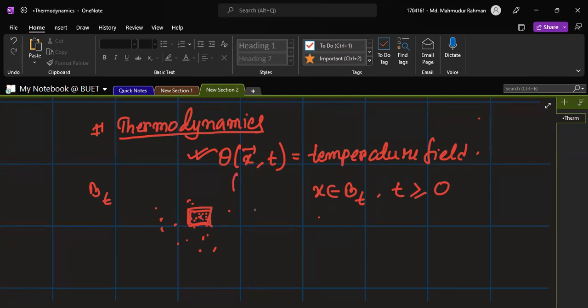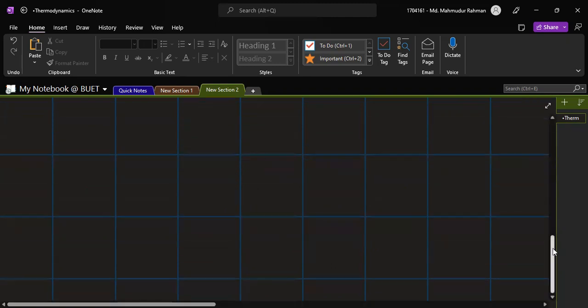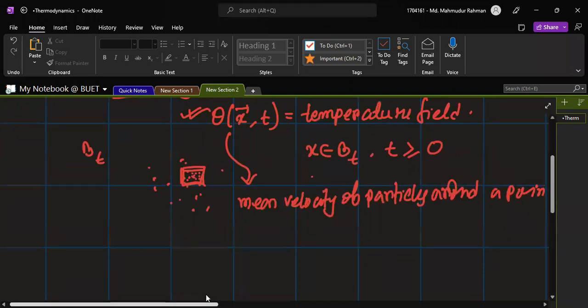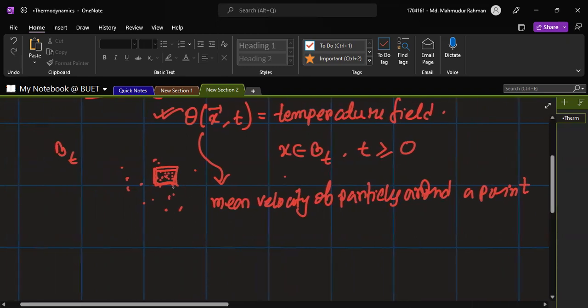So temperature is a measure of the mean velocity of particles around a point. So temperature is a quantity that tells us about the mean velocity of this collection of particles around this specific point. This is a continuous function.